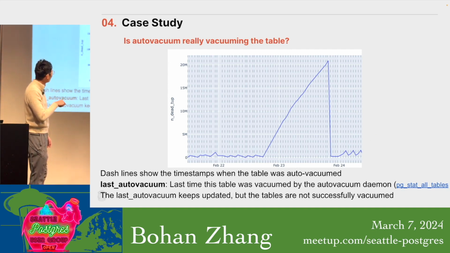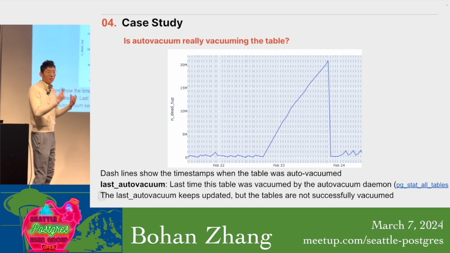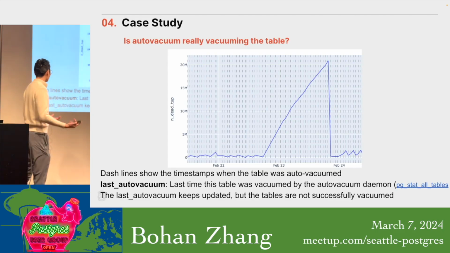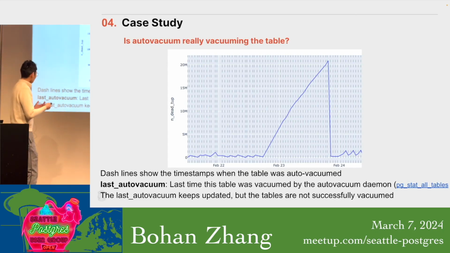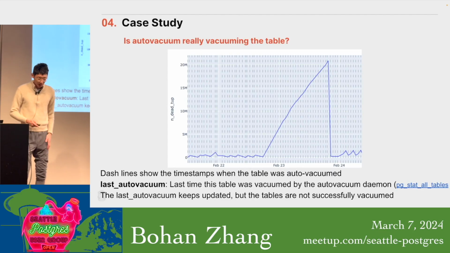You can see it increase from 0 to 20 million, and during this time many autovacuums were executed. But those autovacuums did not vacuum the table successfully for some reason. So last autovacuum keeps being updated, but the tables are not successfully vacuumed. This is an interesting finding, so we want to know why this happens.